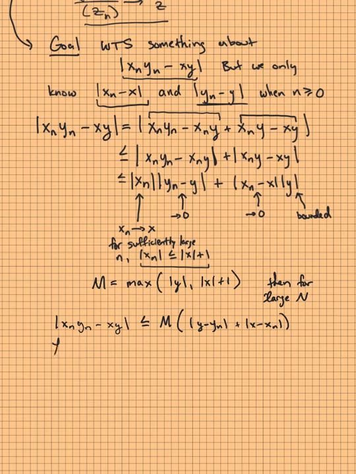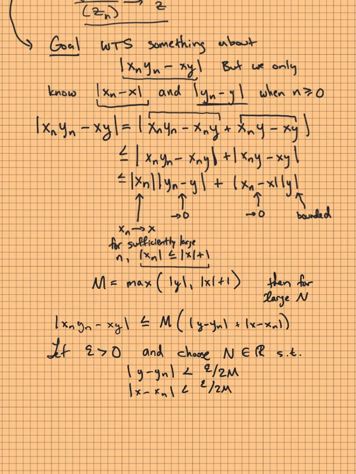And now we just let epsilon greater than 0 and choose N in R so that |y minus yn| is less than epsilon over 2m, and |x minus xn| is less than epsilon over 2m for n bigger than or equal to N. Okay?